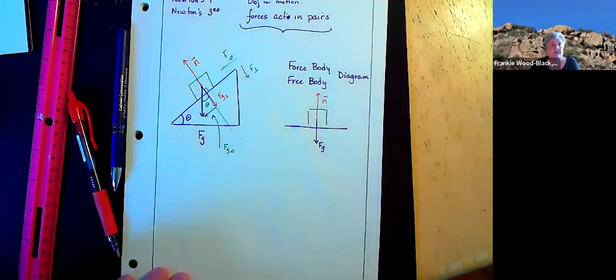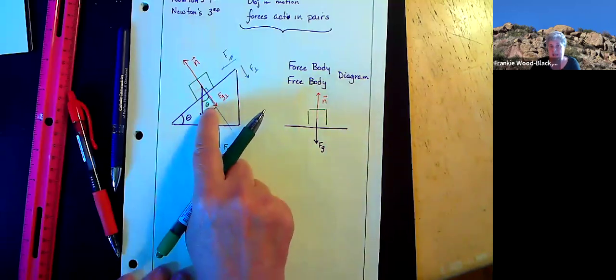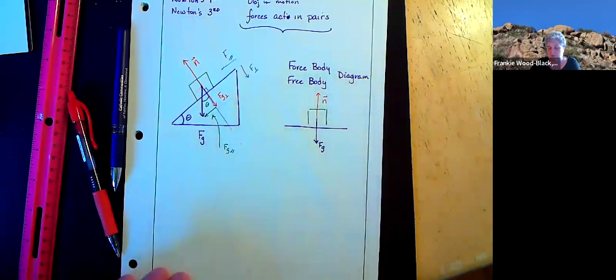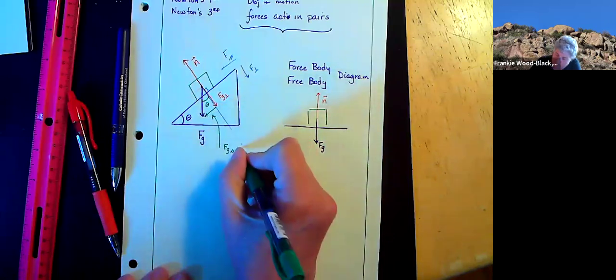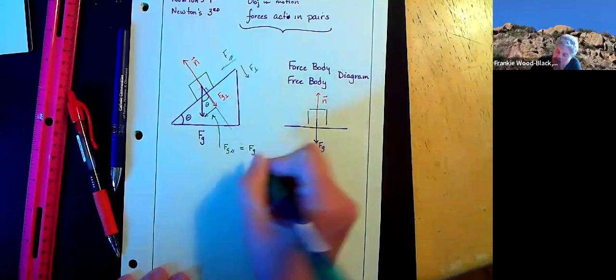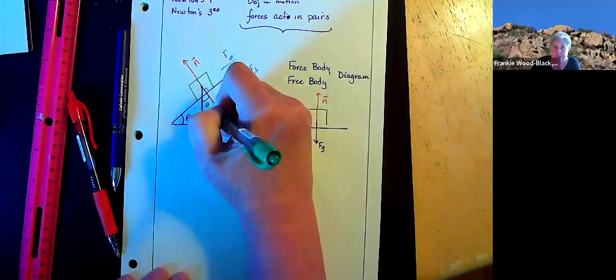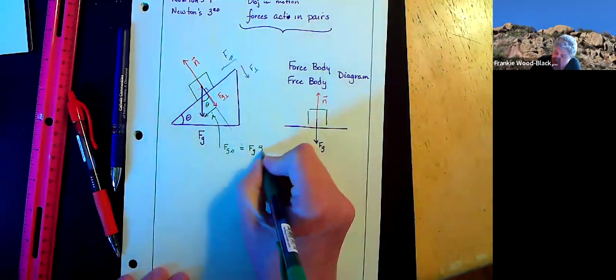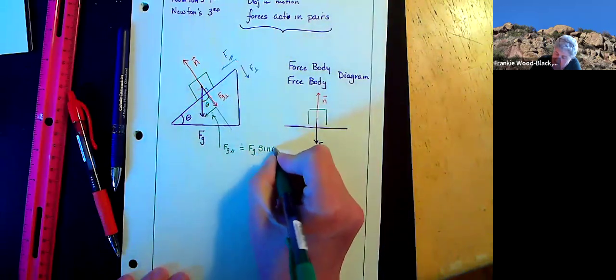And we can play with our triangles and do all kinds of theorems and postulates, but we know that that angle there is going to be equal to that angle there. So my force due to gravity parallel is going to equal my force due to gravity times, this is the opposite side, so this is going to be sine of the angle.